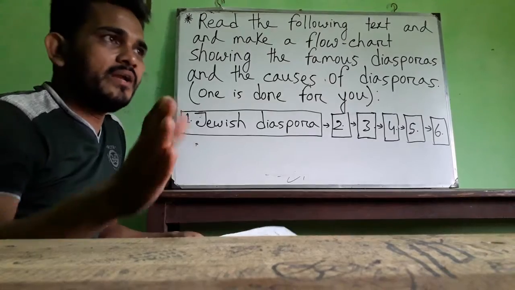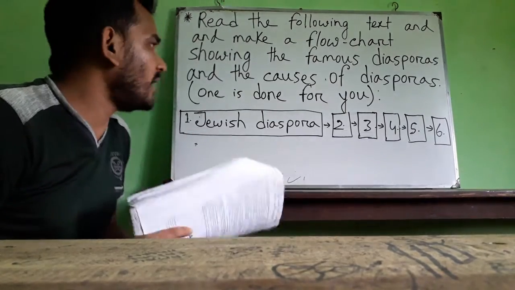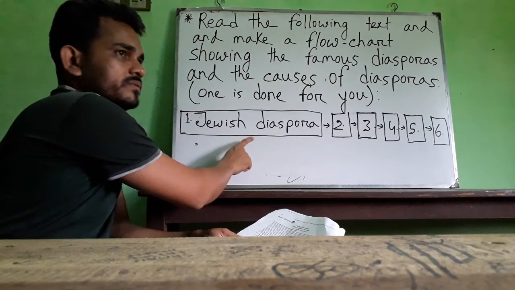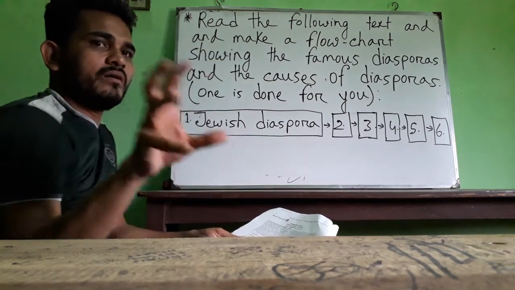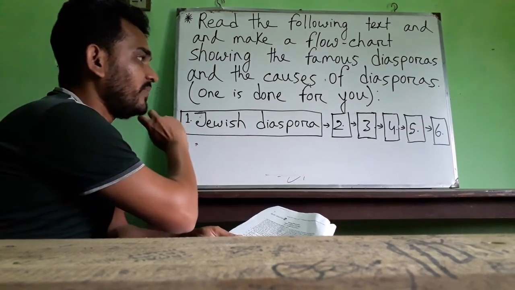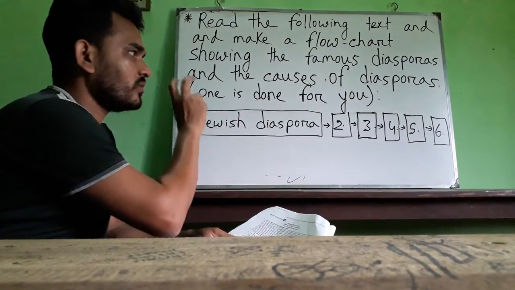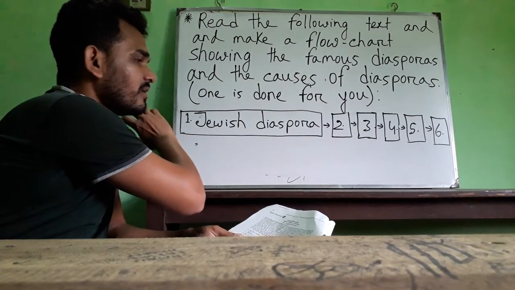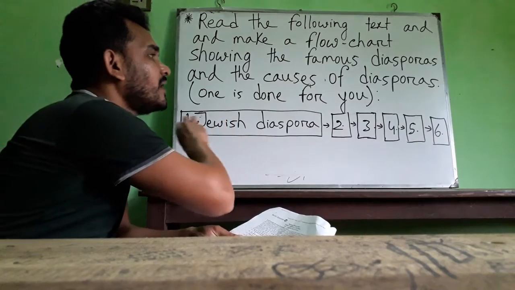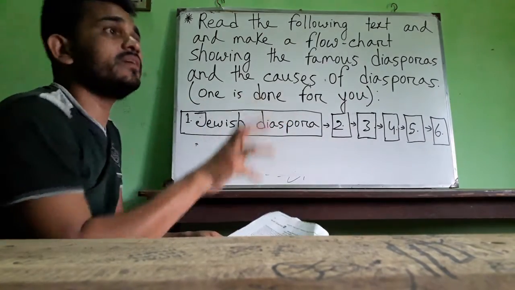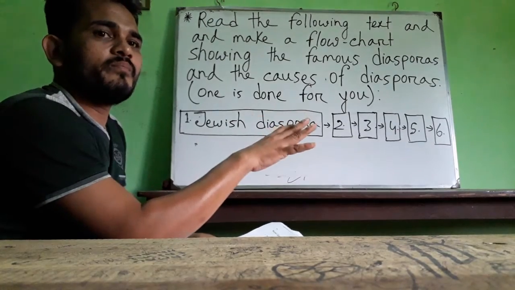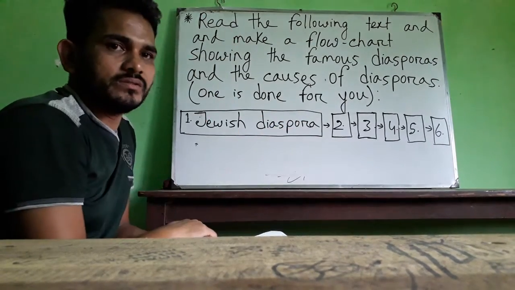Okay, in the previous class I told you that if the writing in the first box starts with verb ing, then the writings in the next boxes will have to be in verb ing.